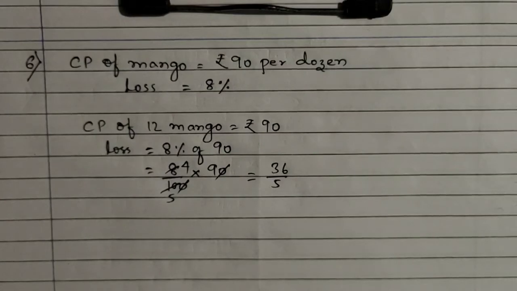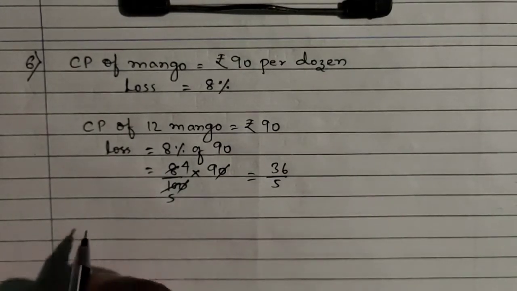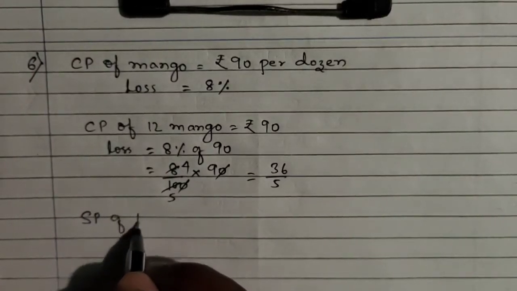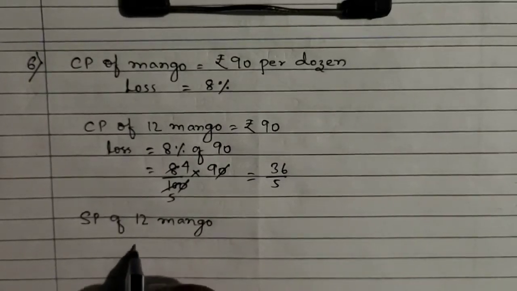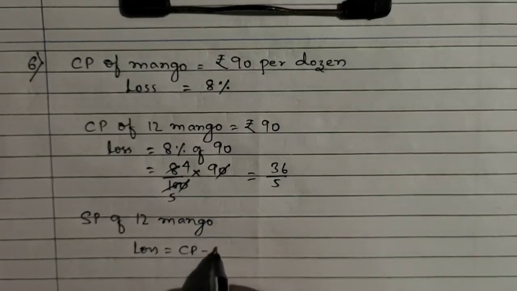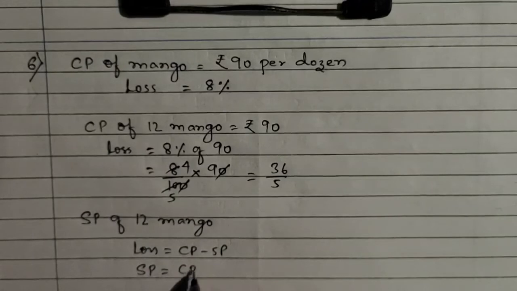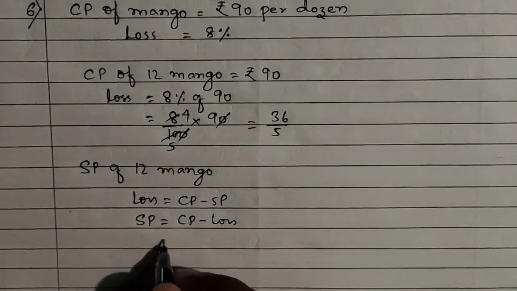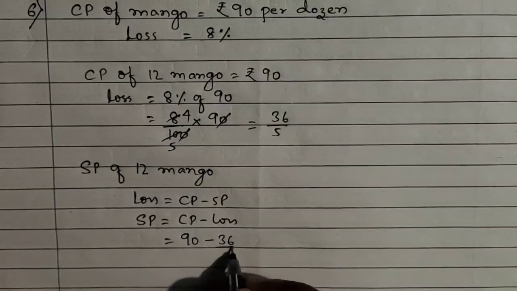Now how much will he sell 1 mango for? First we will calculate the selling price of 12 mango. We all know the formula, loss is equal to CP minus SP. We have to calculate selling price. Therefore selling price is equal to CP minus loss. CP is given 90 rupees, loss is 36 by 5.